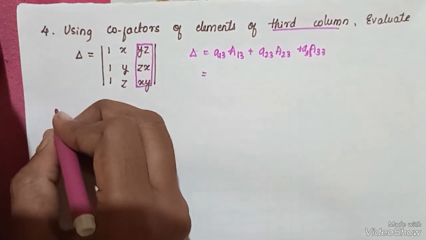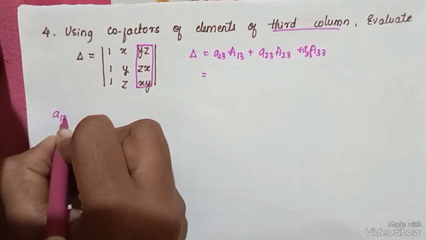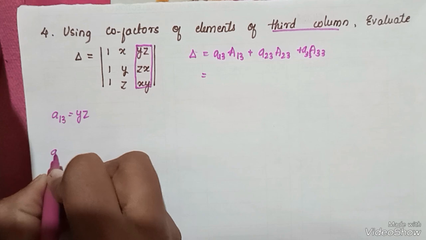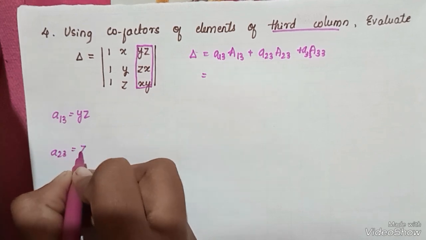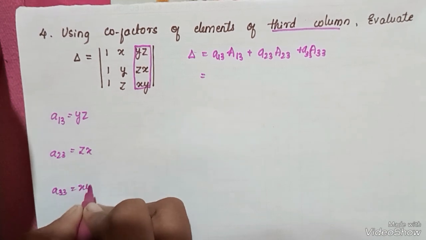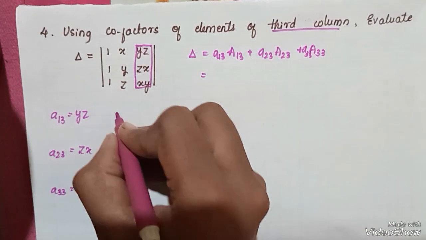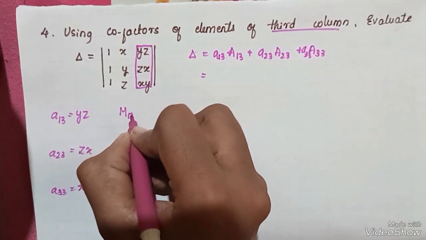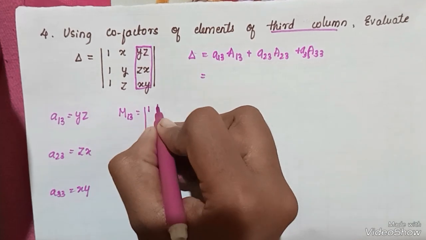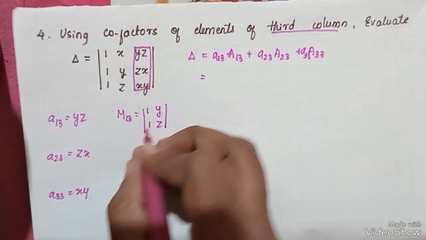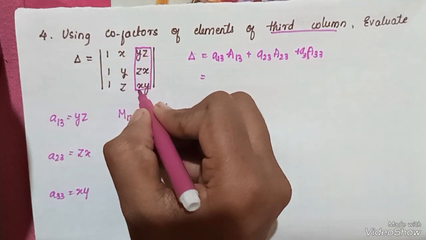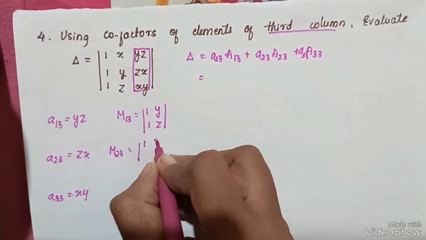First, the element A13 is YZ, the element A23 is ZX, and the element A33 is XY. We have to find the minor for each element, so we neglect its row and column. The determinant for the first is 1 y, 1 z. Neglecting this row and column, for M23 we get 1 x, 1 z.